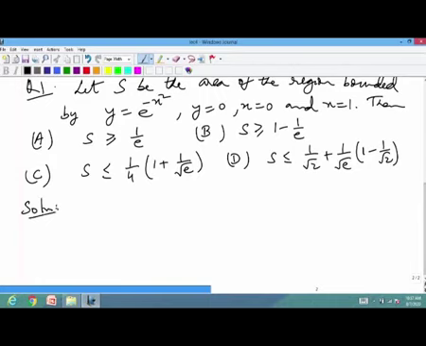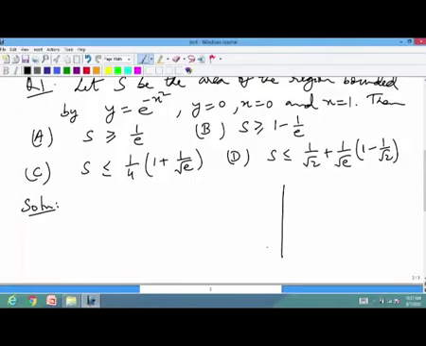So, let us try to solve this problem. Let us first draw the region. We have xy axis and the graph of y equal to e to the minus x square. This looks like this, and at x equal to 0, the value is 1 and it keeps on decreasing as x increases.